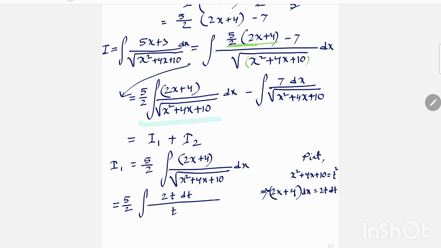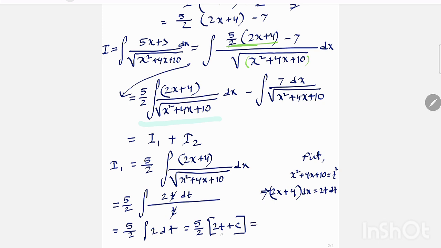Now you can see that this integration is simplified into a very short form, so we can do the integration very easily. We can cancel t with t, so we get 5 by 2 integration 2 dt. So we can write 5 by 2 into 2t plus c.